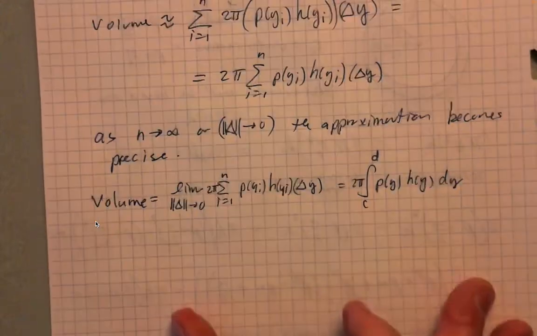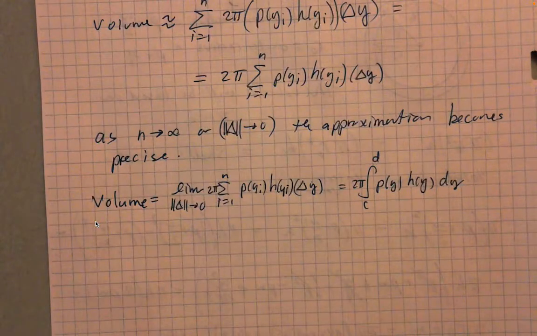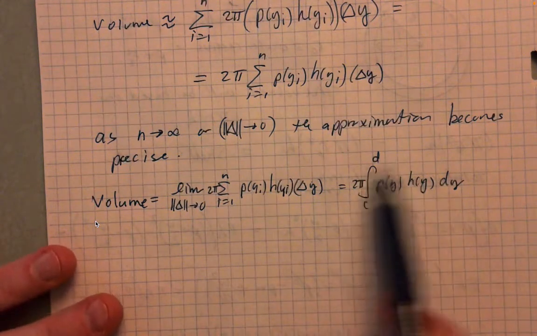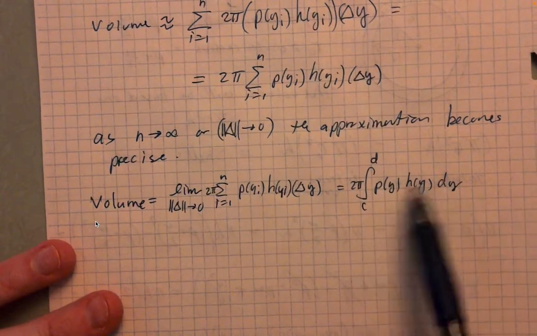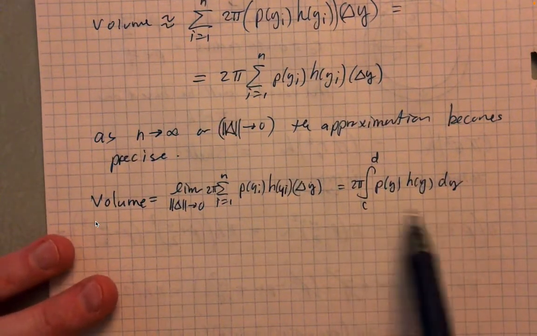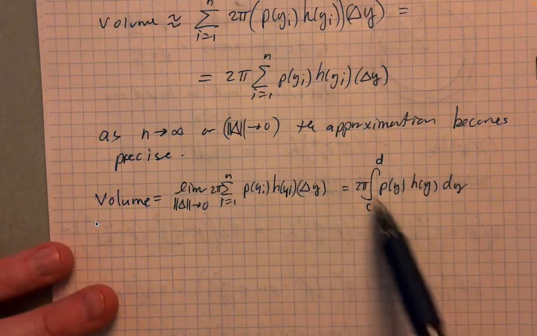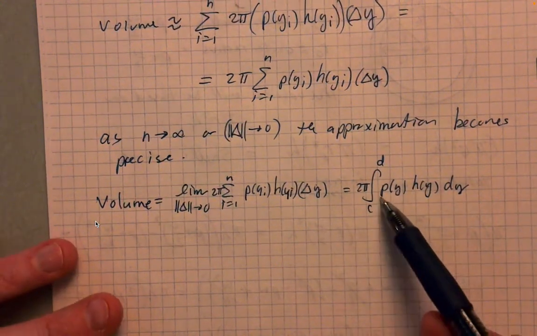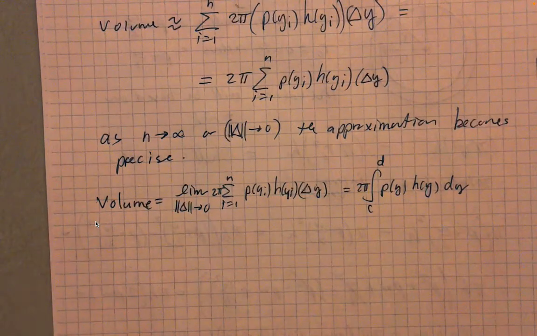It's basically the same story as what we saw with the disk and washer method. It's just that the construction's a little different. In the disk method, we had a pi times the integral of r squared. Here, we've got 2 pi times the integral of p times h. So that's just a different way to find the area, but it's using the same principles.